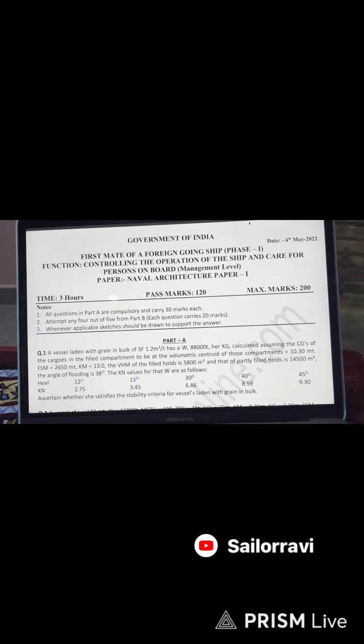FSM is 2650 metric ton, KM is 13, the filled compartment volumetric heeling moment is 5800 meter to the power 4, and the partly filled compartment is 14500, and the angle of flooding is 38 degrees. Here we have the KN values.